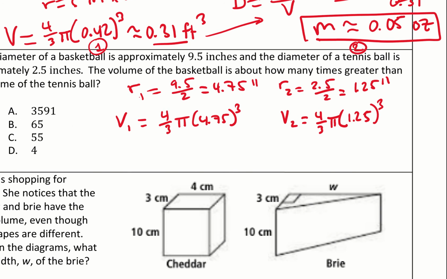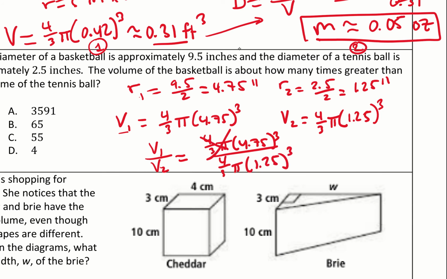Okay, so we're going to just leave it like that, and we're going to see how much bigger is that than this. So in order to do that, we need to divide those, right? So if V1 were 10 and V2 were 2, 10 divided by 2 would be 5, and it would be 5 times greater. So we just have to take the ratio. So it's going to be 4/3 pi times all of this, and 4/3 pi times all of that.